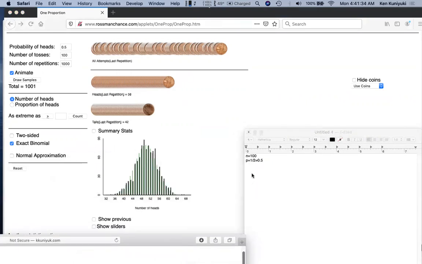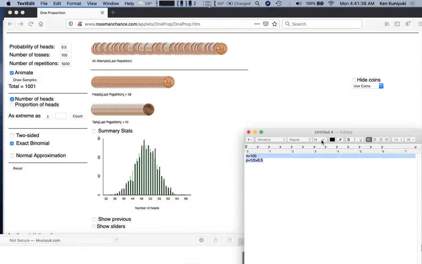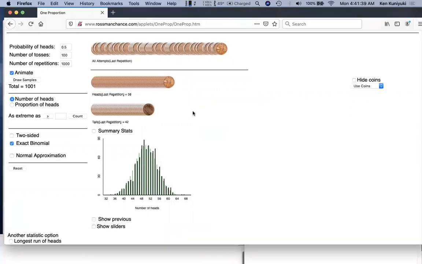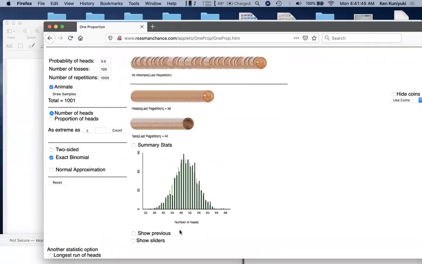The binomial distribution where n is 100 and p is 1/2 or 0.5. The histogram is in green over here, and it closely matches what we see from the frequency histogram. Okay, so again, in this coin experiment, we're seeing a binomial distribution for X, the number of heads.